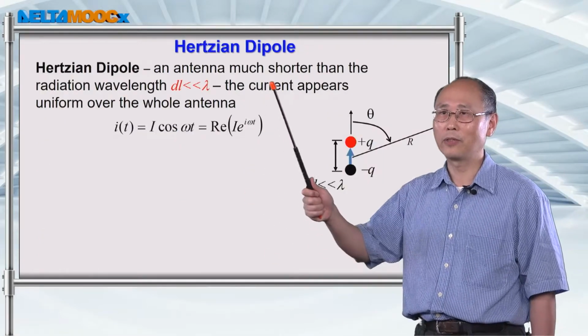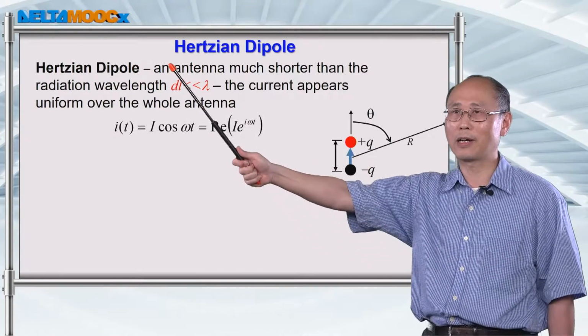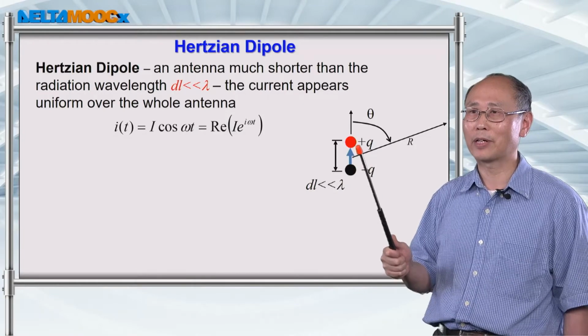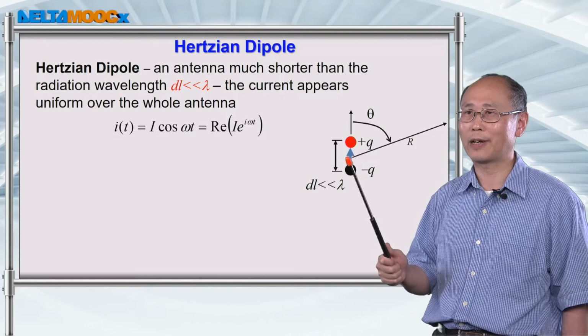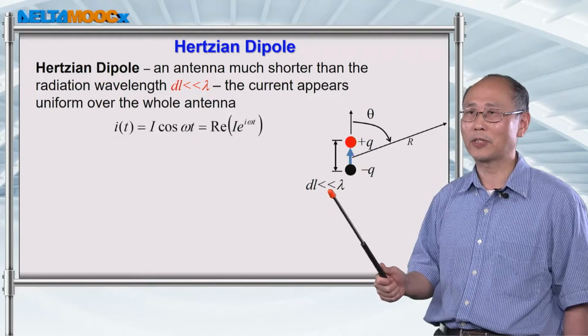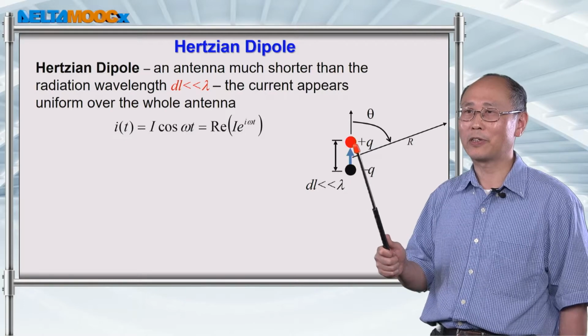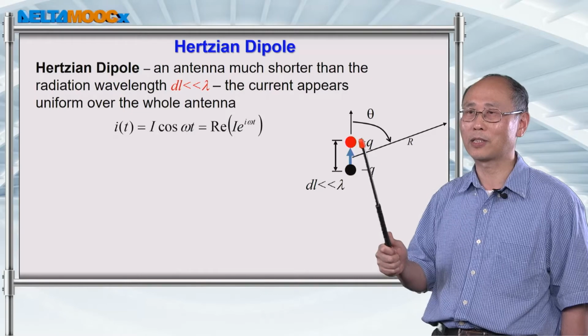Now let's look into this very simple example as the antenna. Suppose in space we have a small dipole. The separation of these two charges in the dipole is much less than the wavelength. So this means that the current is not going to be a spatial function.